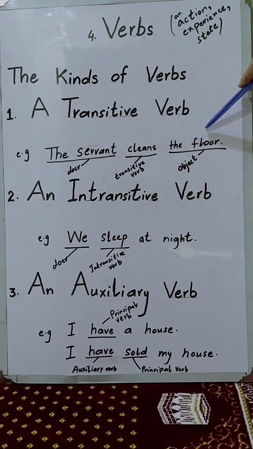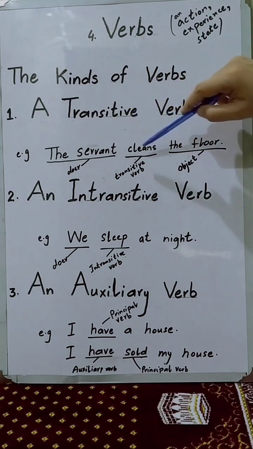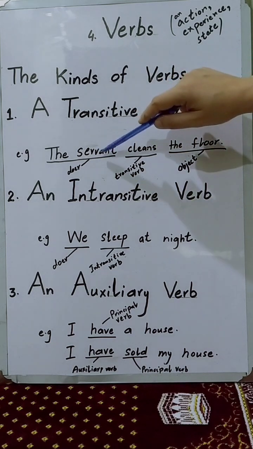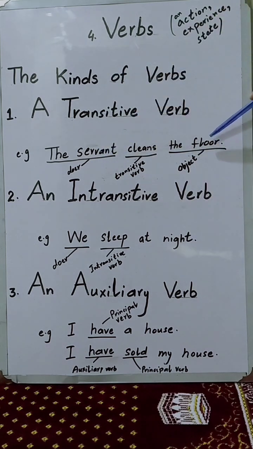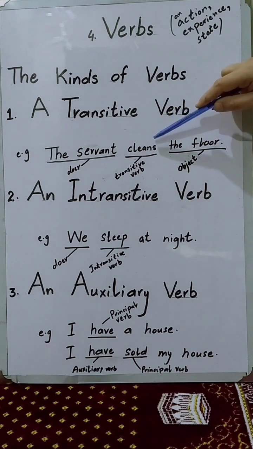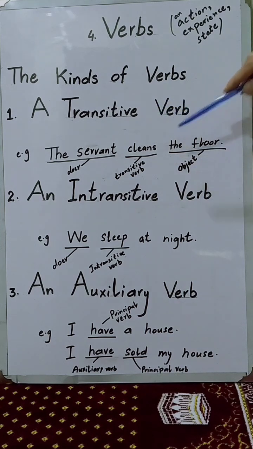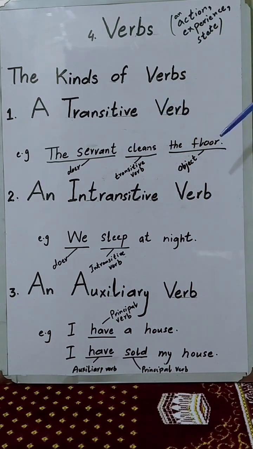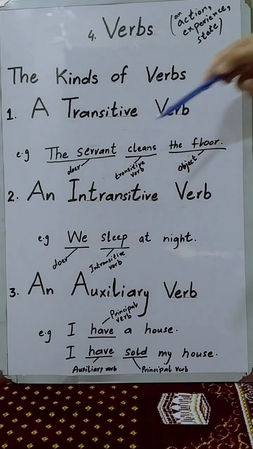In this sentence, the action denoted by the verb cleans passes from the doer, that is the servant, to some object, and here the object is the floor. Thus the verb cleans is called a transitive verb, right? So a transitive verb is an action that passes from the doer to something else, from a subject to an object.